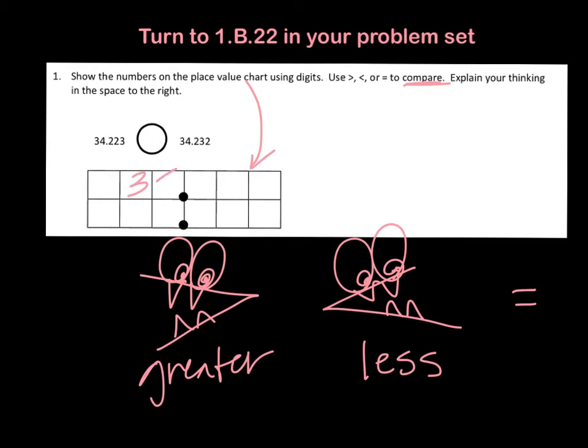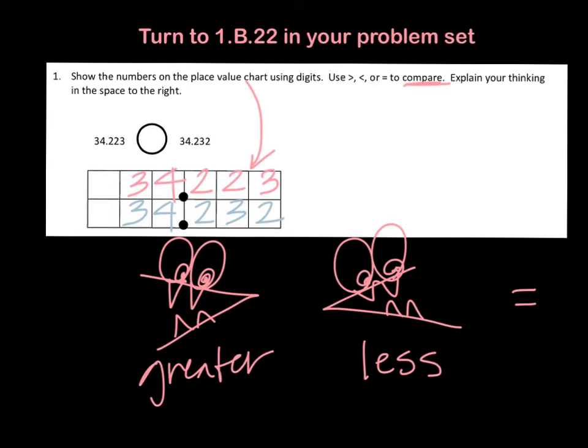That's 3 tens, 4 ones, 2 tenths, 2 hundredths, and 3 thousandths. Our next number, and I'm going to use a different color, is 3 tens, 4 ones, 2 tenths, 3 hundredths, and 2 thousandths.